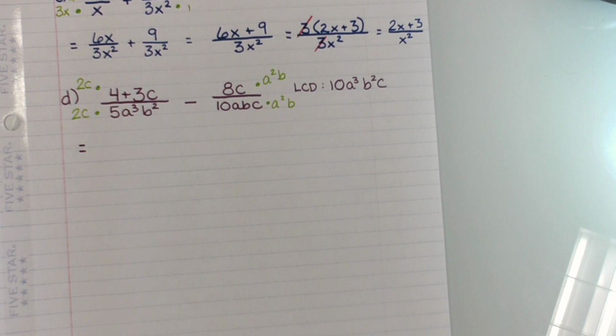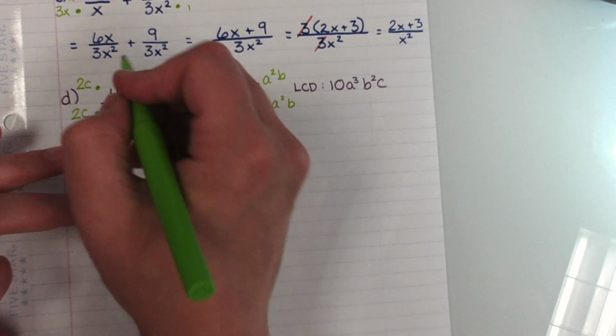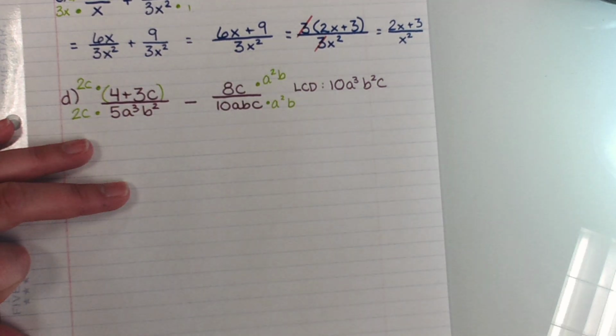What's getting multiplied by 2c in that numerator? The 4, the 3c, or both? They're both in the fraction, right? Remember, when there's addition or subtraction in a fraction, it's technically grouping.